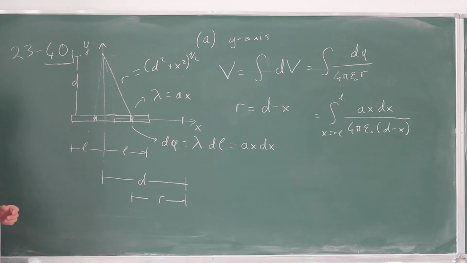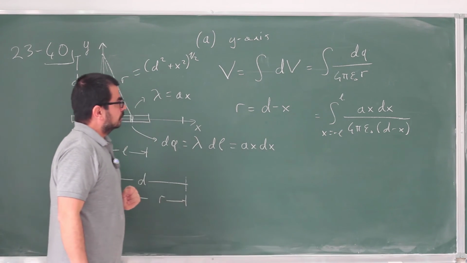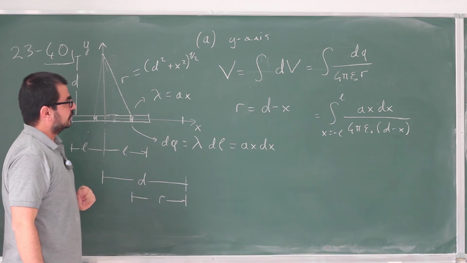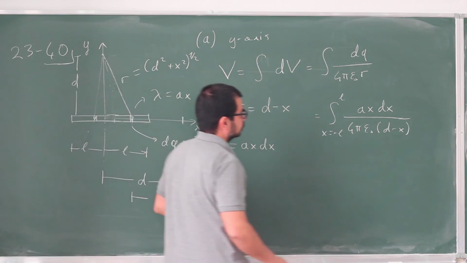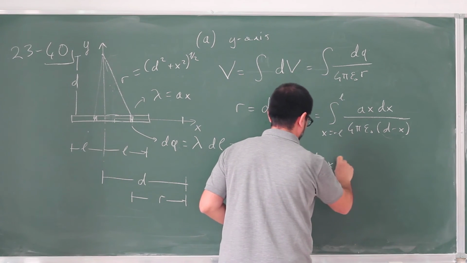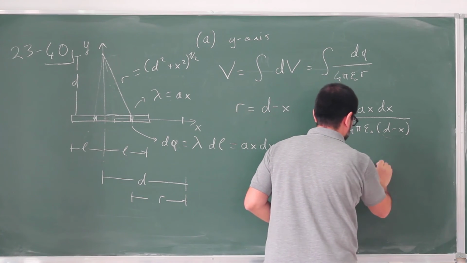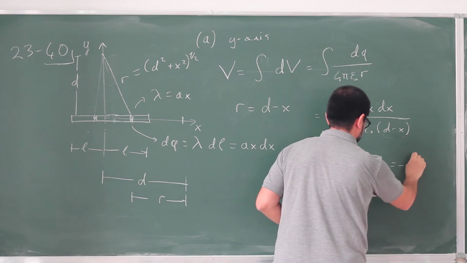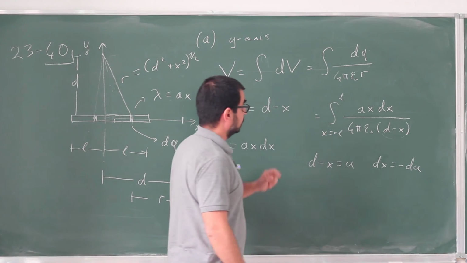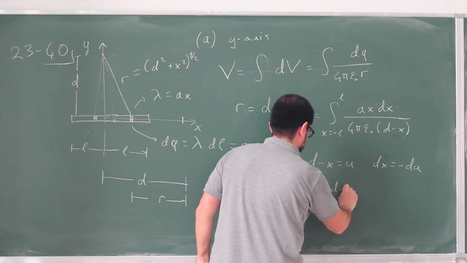So this checks out, and then you need to take this integral, and the way to take that integral is perhaps to call this d minus x u. Then your dx becomes minus du, okay? And then you make a substitution there, and your x becomes d minus u.